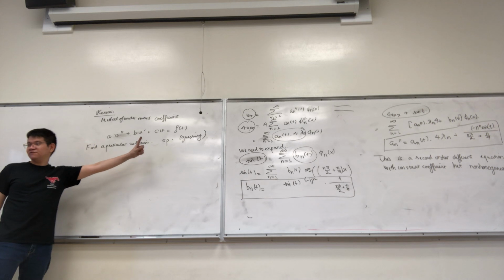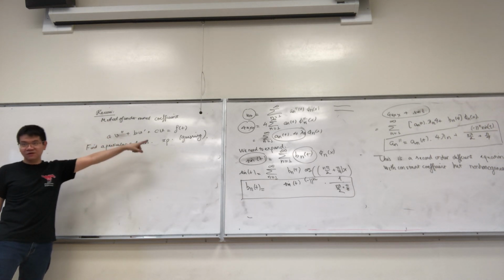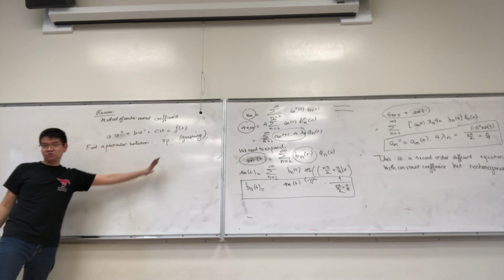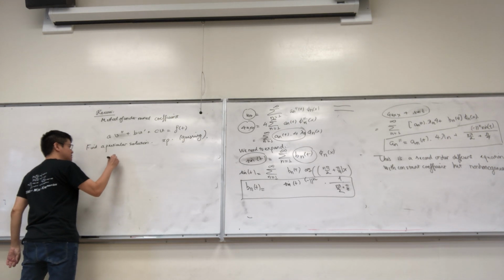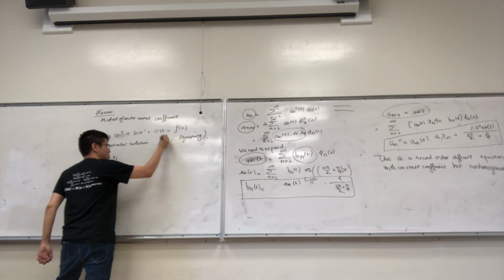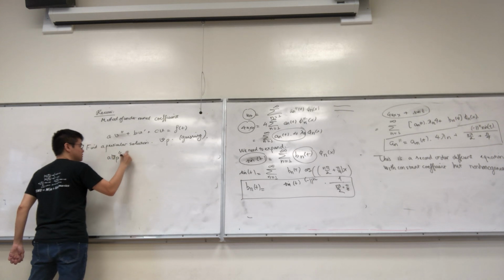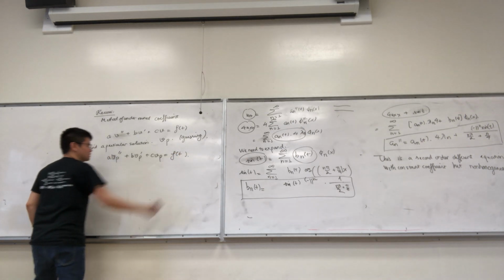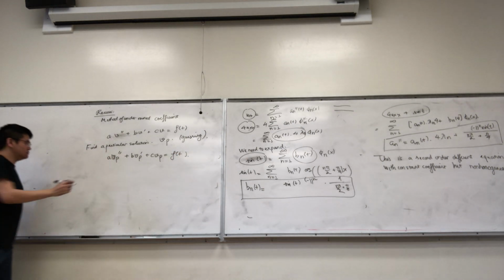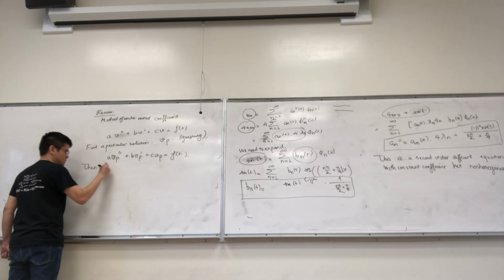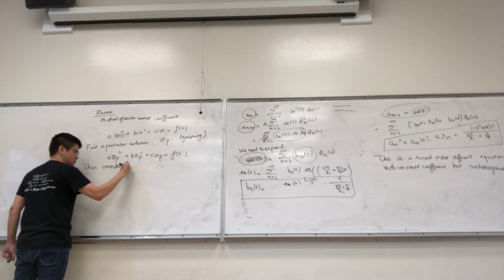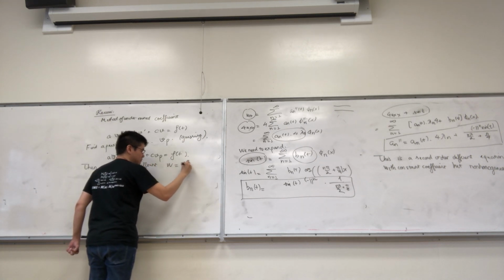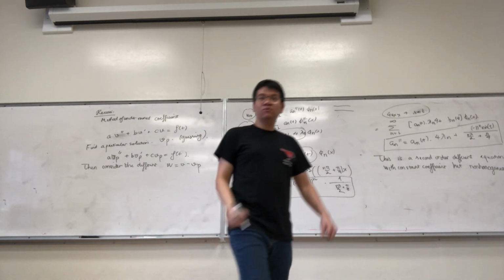So whenever you see a second order differential equation with constant coefficient, but it is non-homogeneous, what you do is you guess a particular solution. So I say this vp. So vp second plus b vp prime plus c vp is equal to f(t), right? And then we consider the difference, w is v minus vp.